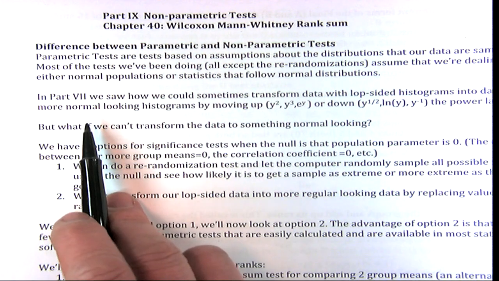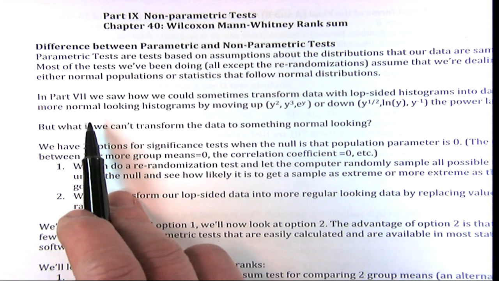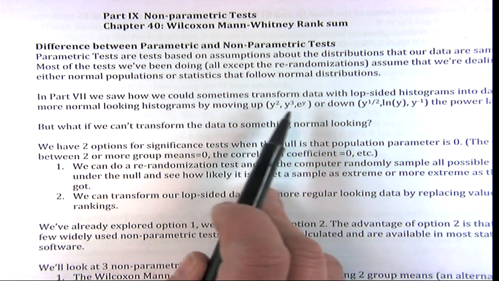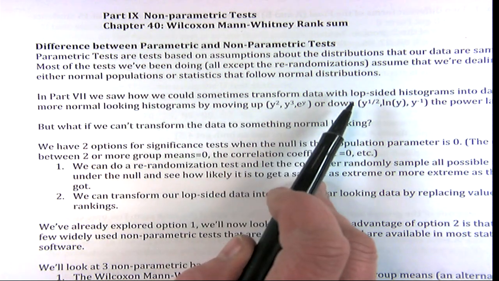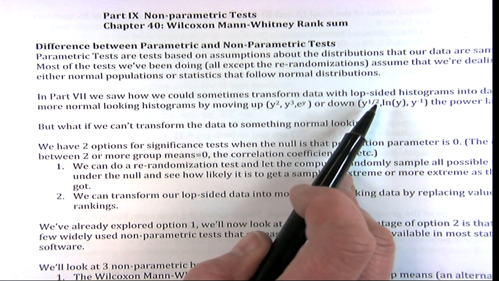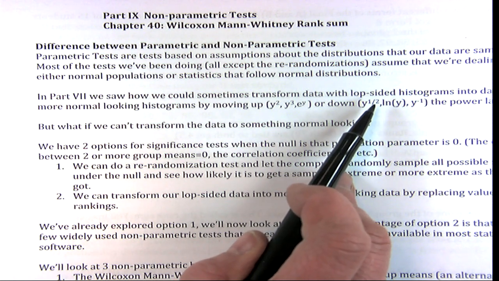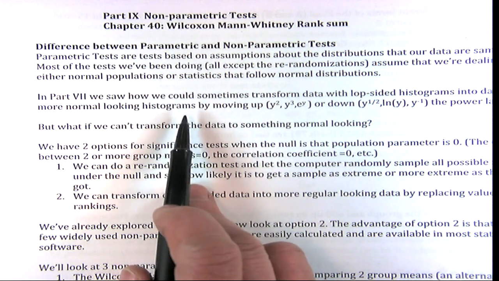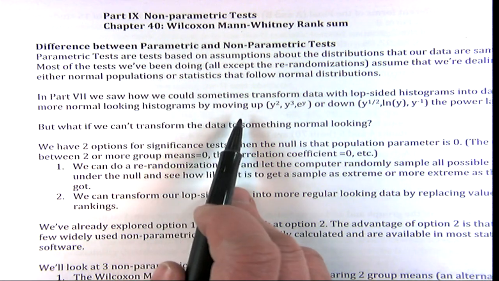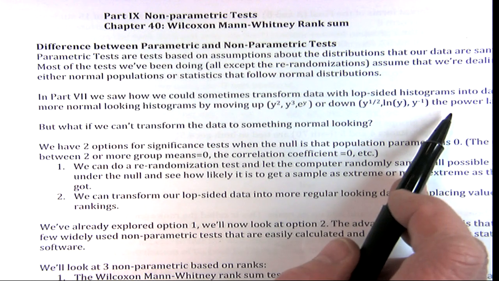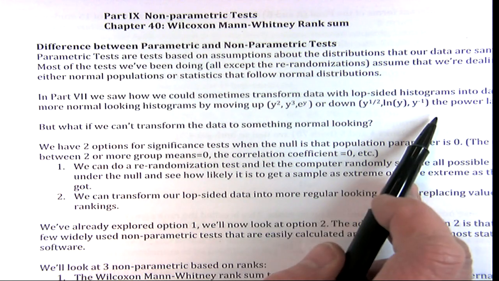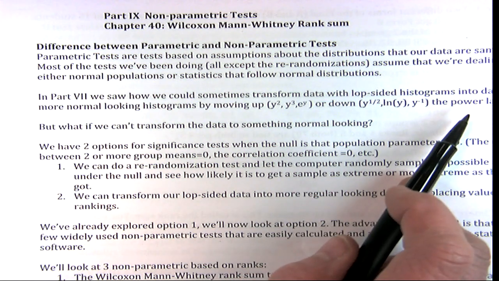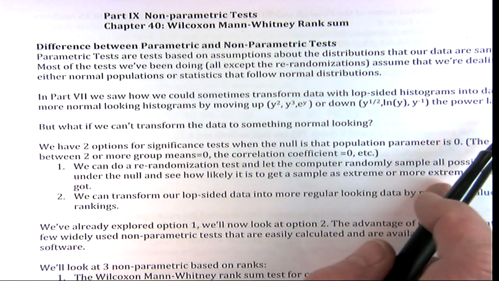So in part 7, what you just had your exam on, the data transformations, we saw how you could sometimes transform data that had really lopsided histograms that looked nowhere close to normal. We could transform them to more normal looking histograms by these transformations, basically going up or down the power ladder. That's the way to think of it.